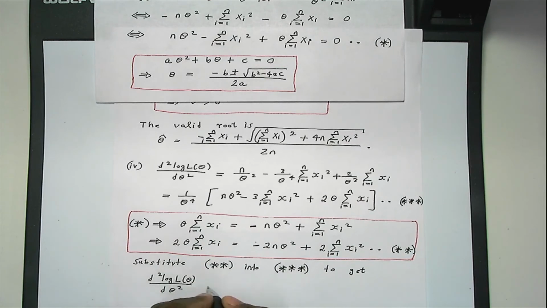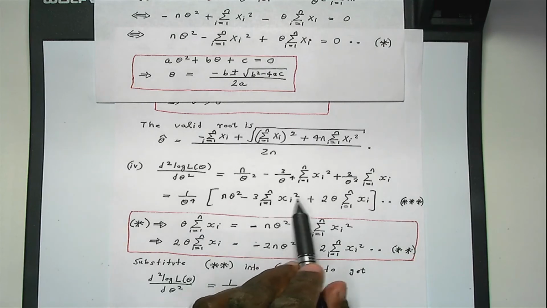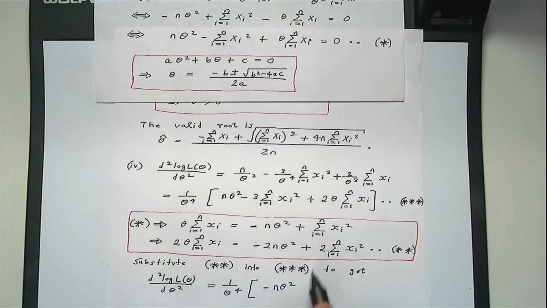You get 1 divided by theta to the 4, and n theta squared minus 2n theta squared will give you minus n theta squared, and minus 3 times the sum of xi squared plus 2 times the sum of xi squared will give you minus the sum of xi squared.